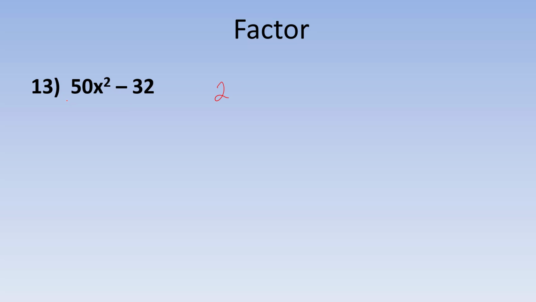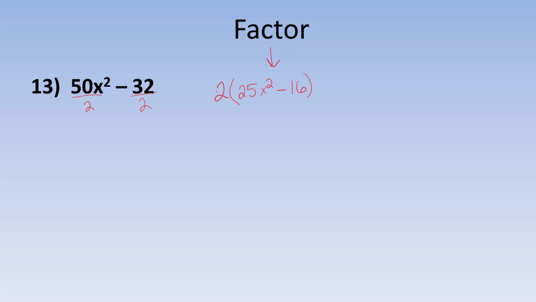If I factor out a 2, 50 divided by 2 leaves me with 25x squared. 32 divided by 2 leaves me with 16. Now all of a sudden we have created a binomial inside the parentheses that is the difference of two squares.